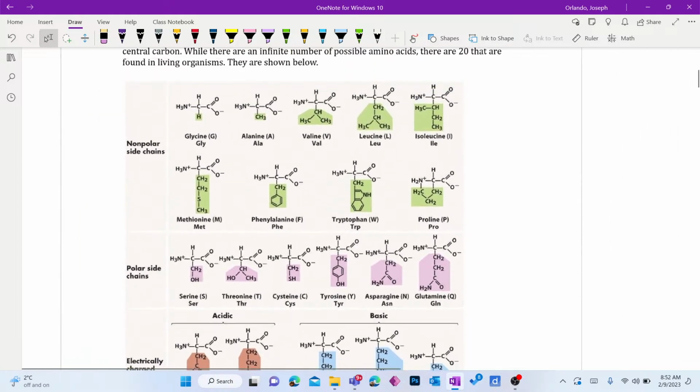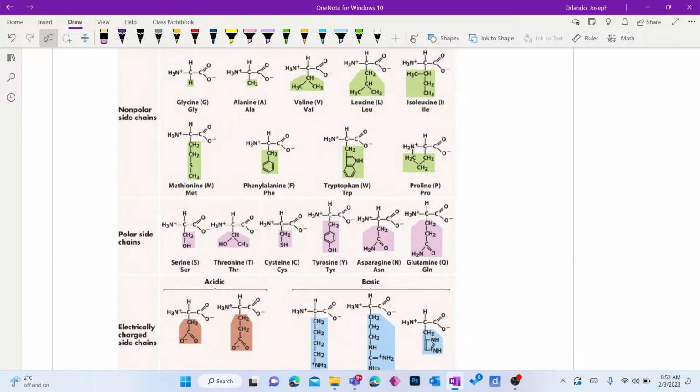But if you look here, they are kind of categorized in this chart by what property? What property are they categorized by in this chart? They've been grouped together. How have they been grouped together? By one of the major chemical properties something can have. Polarity.